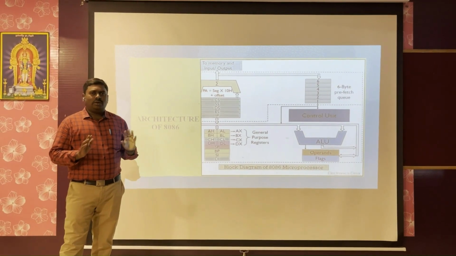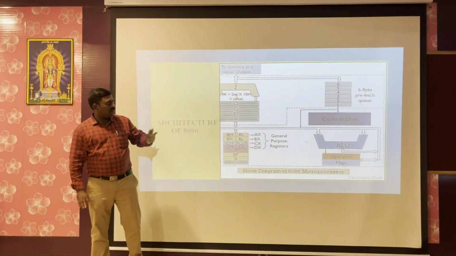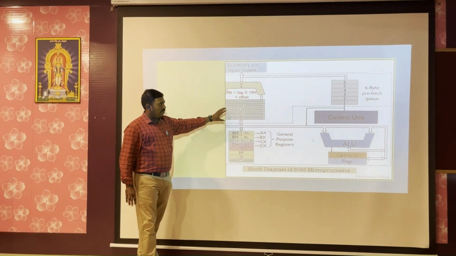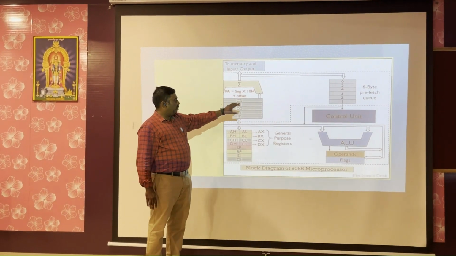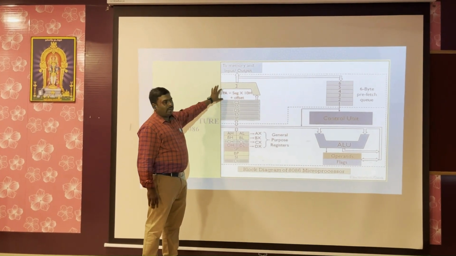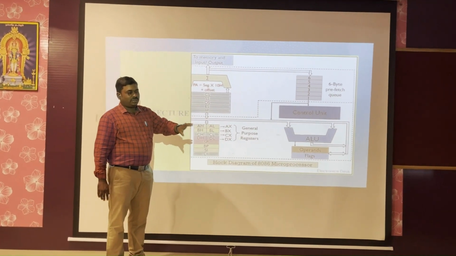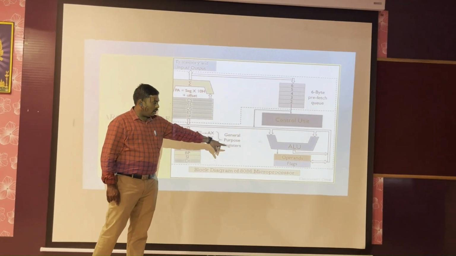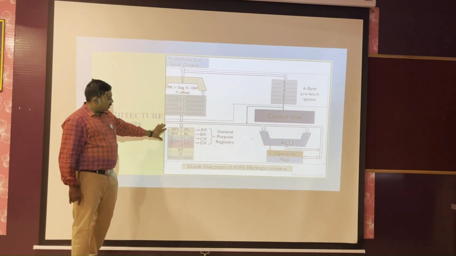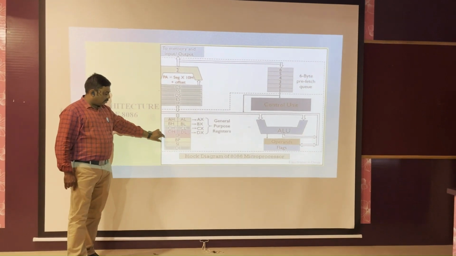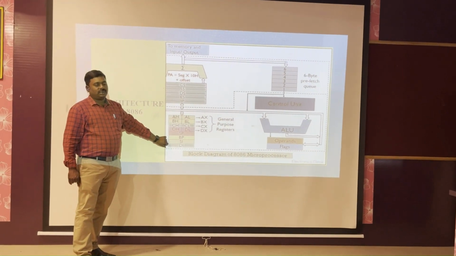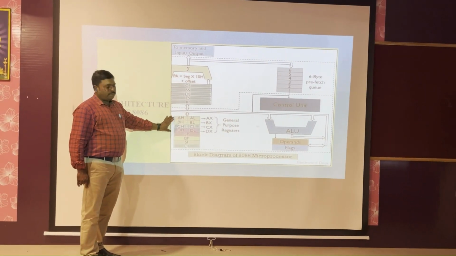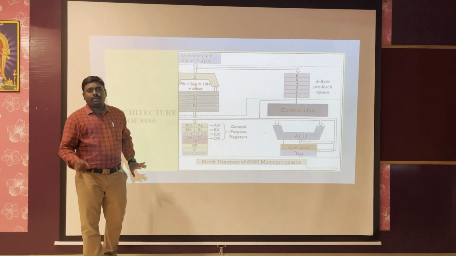So I told you about the BIU and the execution unit. In the BIU we have the instruction queue, segment registers and memory interface. In the execution unit we have the control unit, ALU, operand, flags, general purpose registers, stack pointers and index registers. The general purpose register is a very important one.